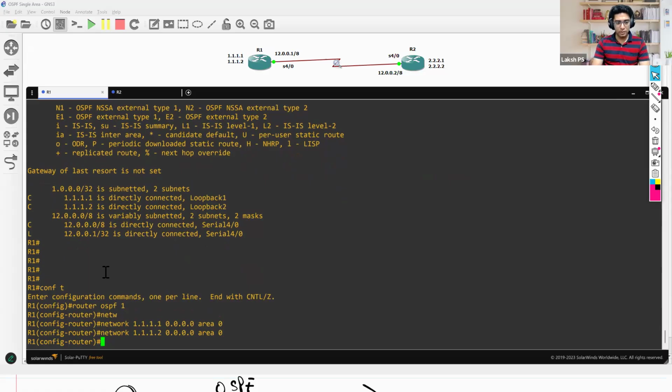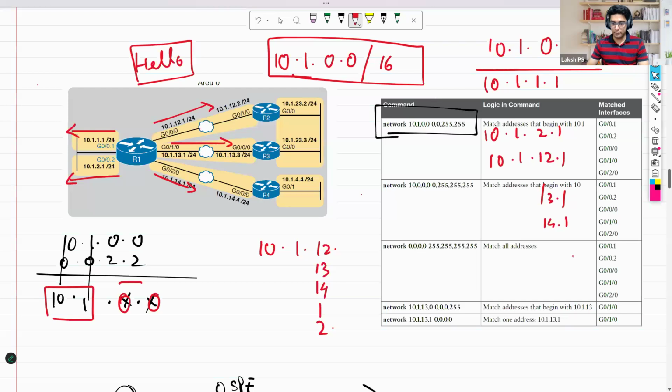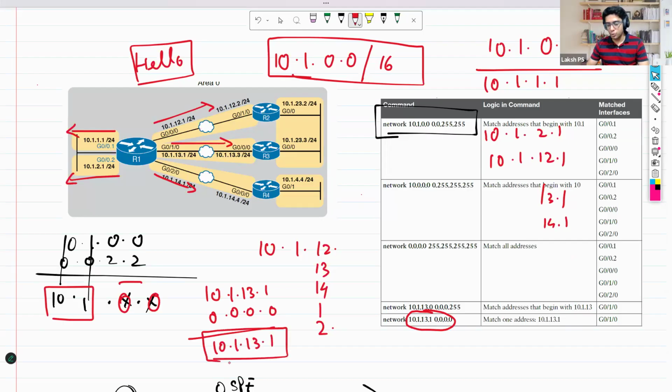Over here I am using this particular network command, 10.1.13.1 0.0.0.0, that is 10.1.13.1. So I am choosing this exact IP address.